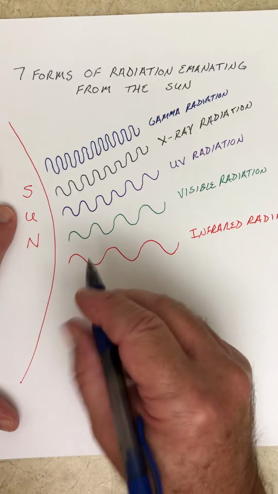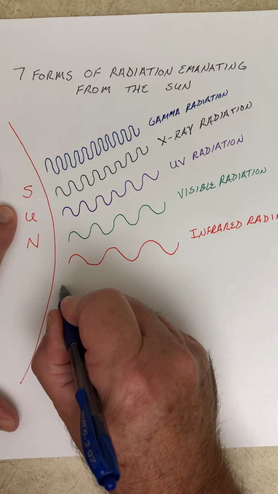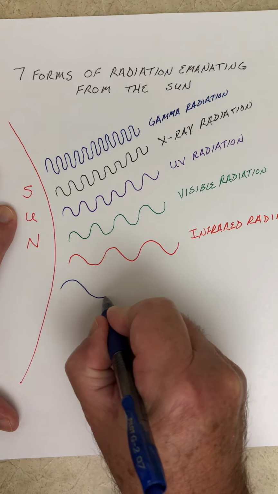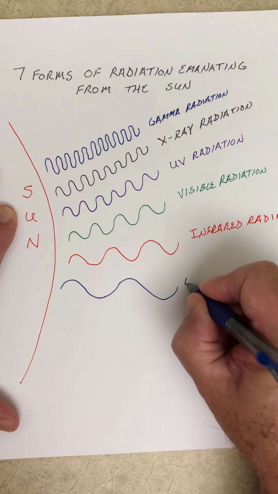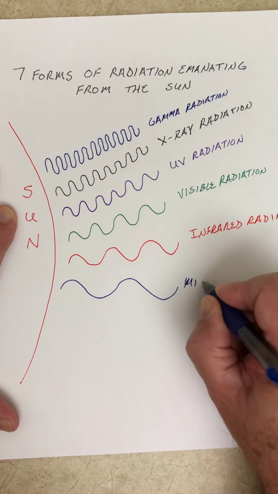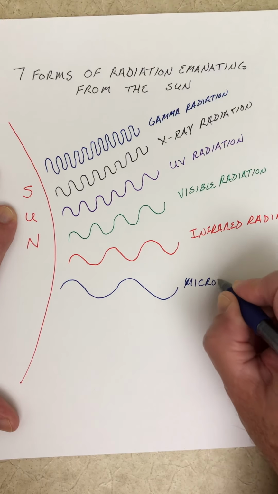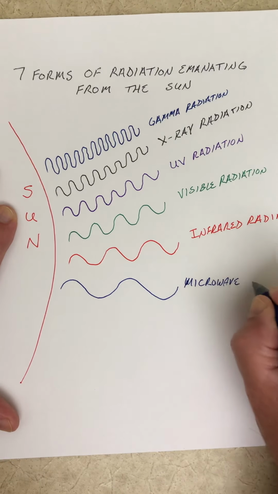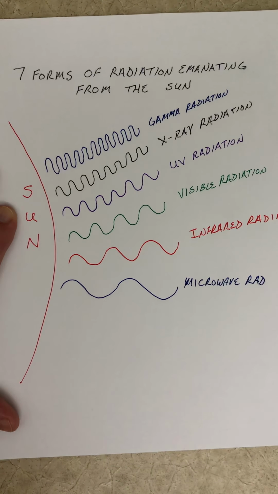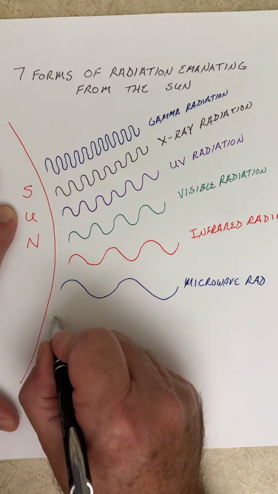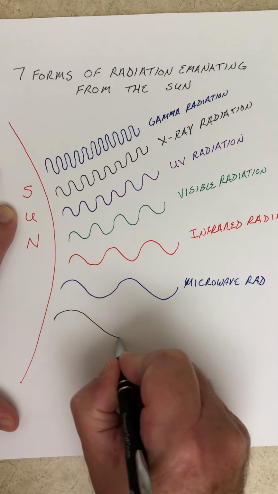After infrared radiation comes microwave radiation, so that's going to have a longer wavelength still. Microwave radiation. And last is going to be radio wave radiation. That has the longest wavelength of all.